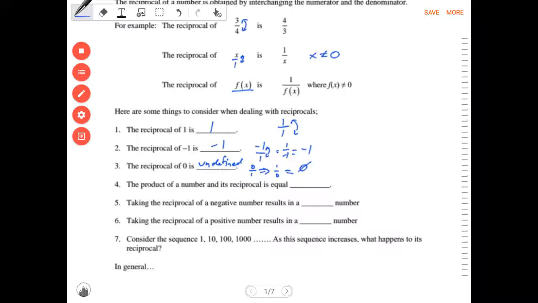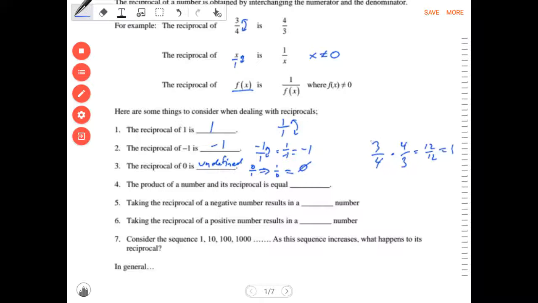Perfect. Okay. Now, the product of a number and its reciprocal is equal to what? Now, you might have learned this in previous math courses, but let's just play a game and try it. So up here, it said that 3/4 had the reciprocal of 4/3. So if we multiply those two together, we can go top times tops, bottoms times bottoms and get 12 divided by 12, which equals 1.